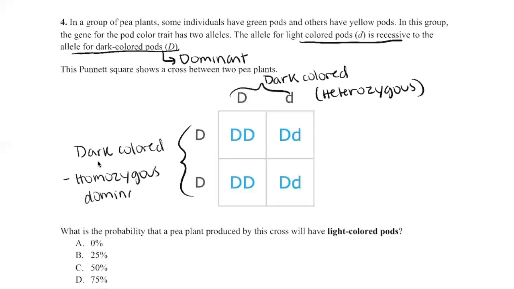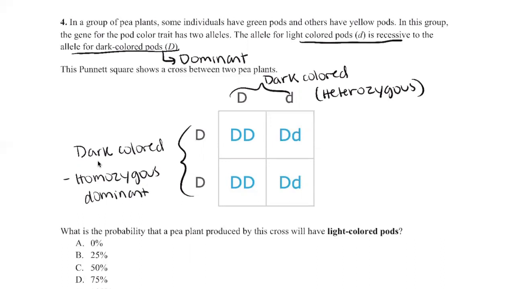So hopefully at this point you're getting familiar with the idea of something being homozygous dominant versus homozygous recessive versus heterozygous. It doesn't matter what letter we're using, it's all about, is it 2 capital letters, 2 lowercase letters, or 1 of each? That's how we recognize something being one of those 3 options.